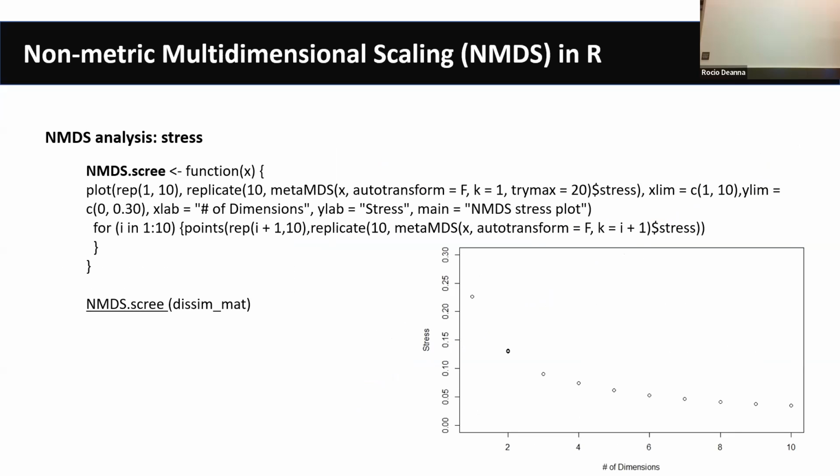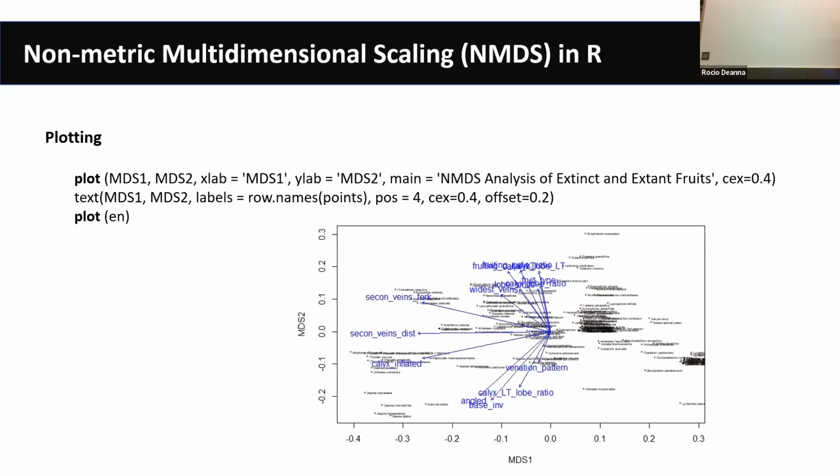That is here, the stress versus the number of dimensions. And finally, we do the plotting. There are already functions within the cluster package to do the plot, but usually ggplot is better for that, with more graphic aesthetics.